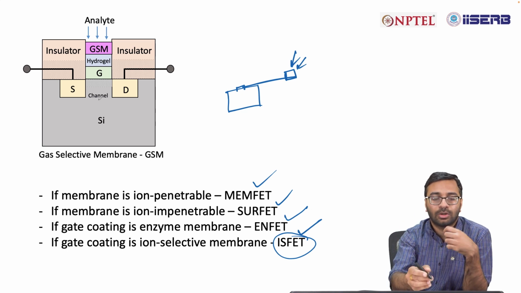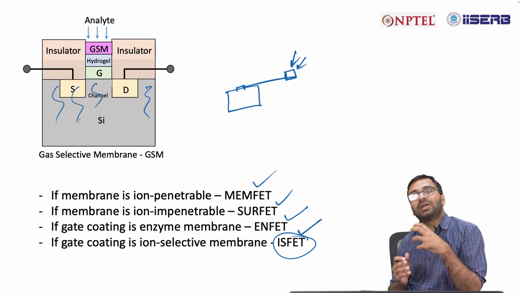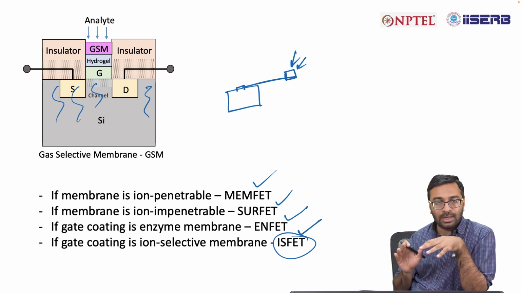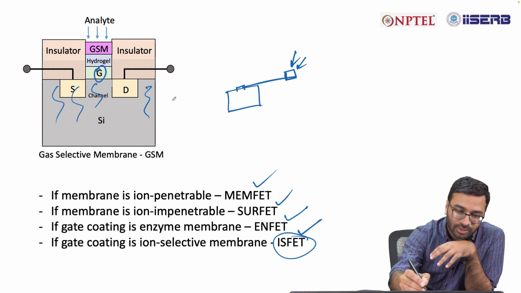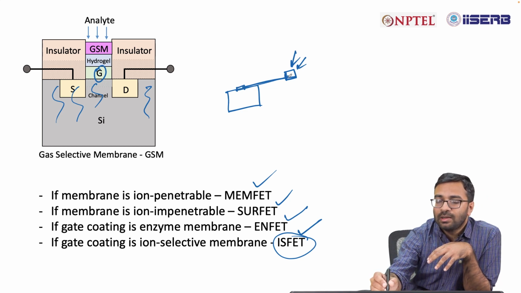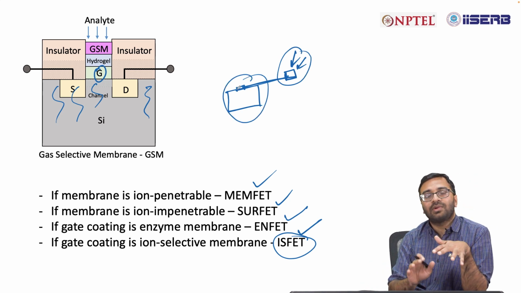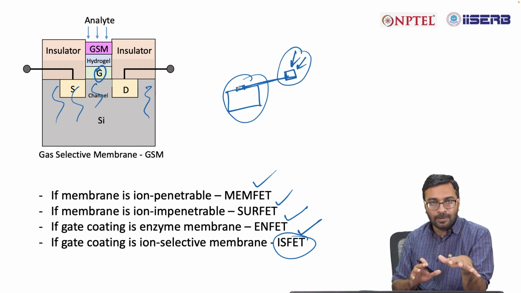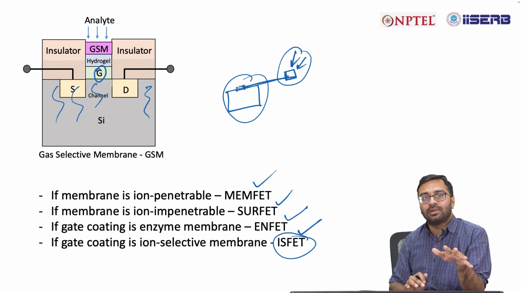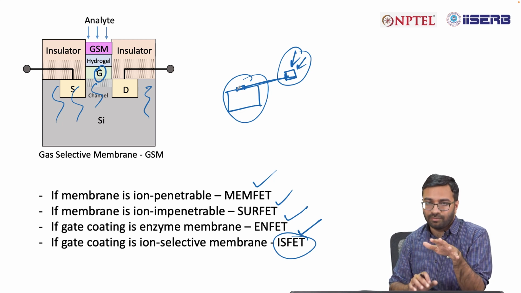The chemical reactions may change the properties of the device, and in that case it becomes very difficult to identify whether the change in current is due to the change in gate potential or some other reactions happening. So in that case, people extend the gate and do the reaction away from the device so that the device is protected. There are different other techniques associated with a similar concept, but these are a few that you may find in literature very often.